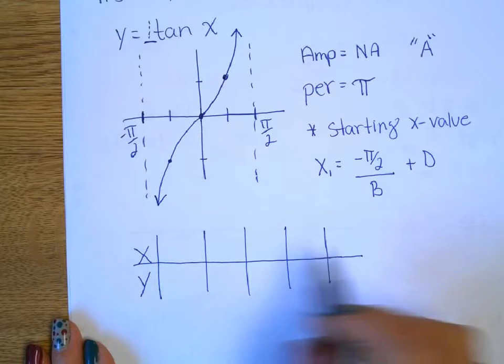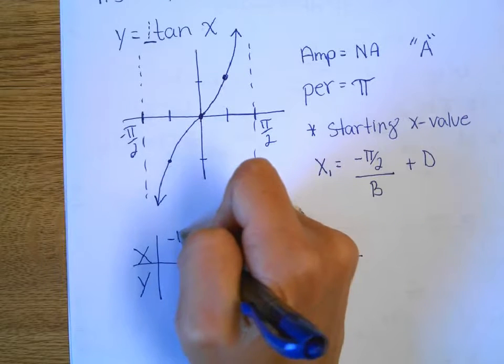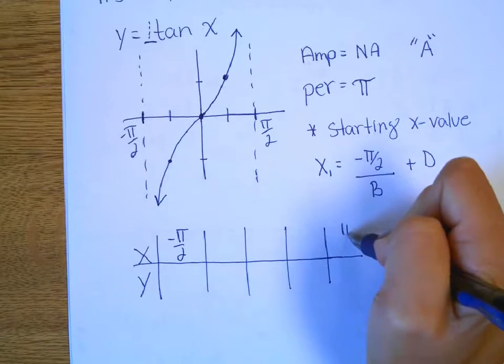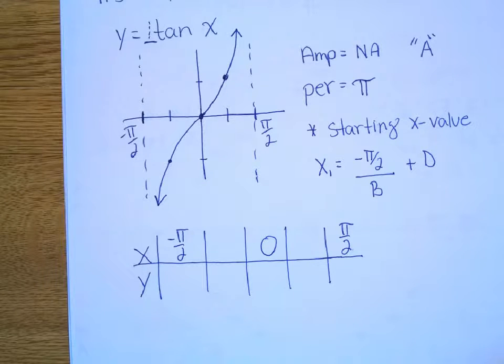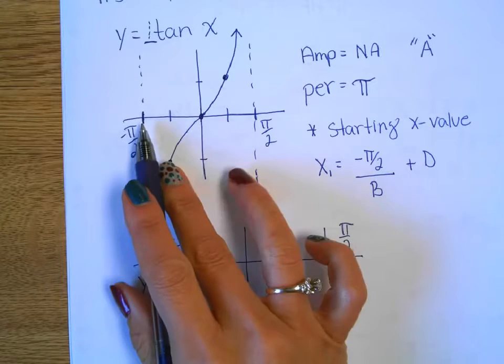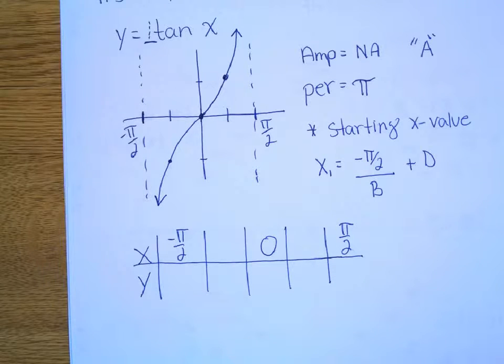All right, so our starting x value, just on the normal tangent with no phase, vertical, or period change, nothing, is negative pi over 2 to pi over 2. That puts the origin in the middle. I'm just making this table for this graph so we can get the pattern for the y values.